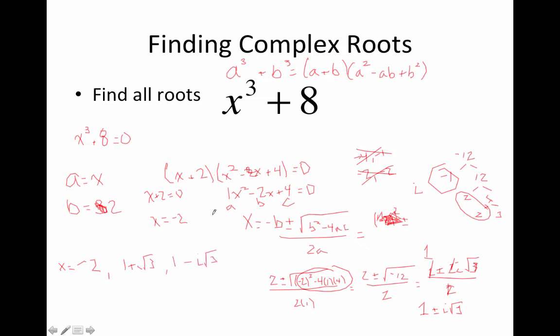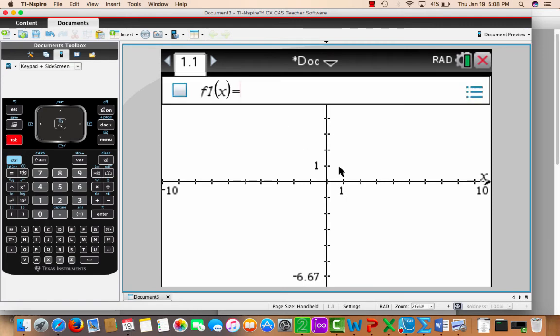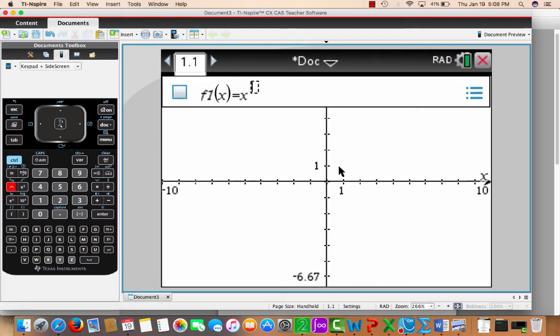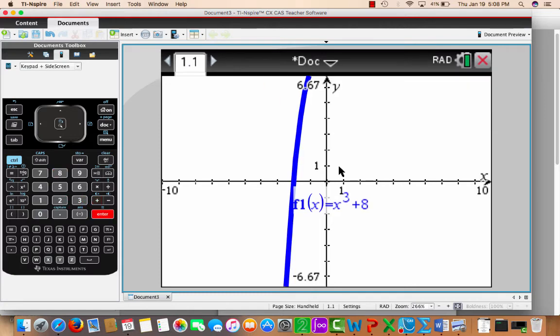Now I want to show you the graph of this, just to really hit home the point that not every x-intercept, not every root is going to be visible on the graph. So if you go to your calculator, and I'm going to do the same thing on mine, and you graph the function x cubed plus 8, notice that this curve only hits the x-axis at one spot, at negative 2.